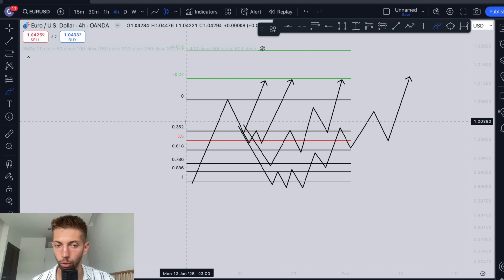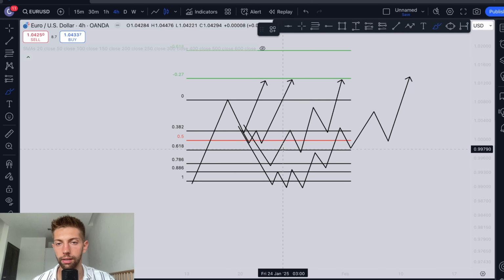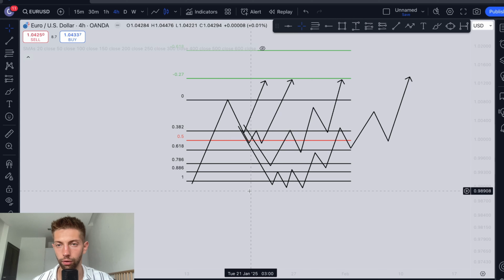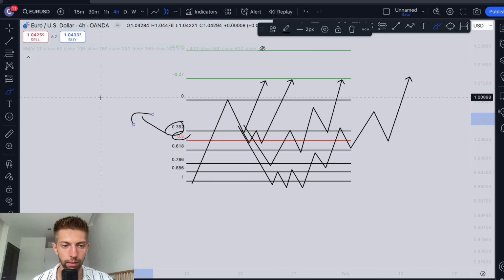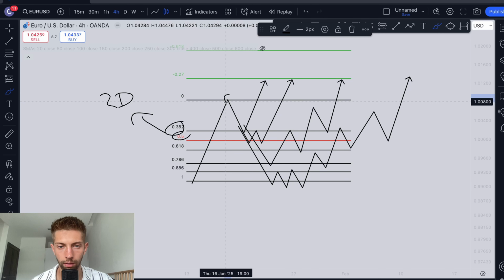But if it's only like 38.2% or 50%, let's say this is an H4 time frame, it will take this, and this will be let's say 2 days to break its own highs.